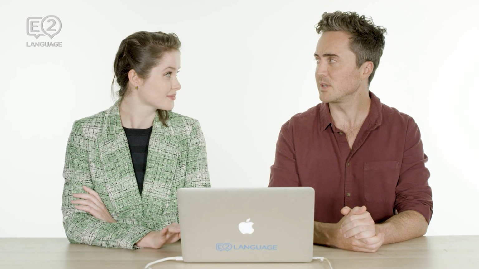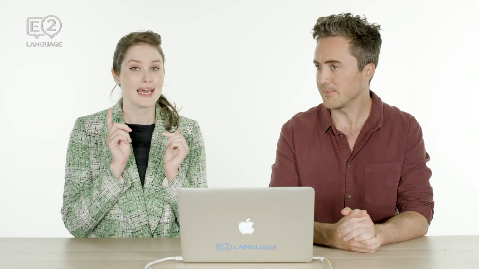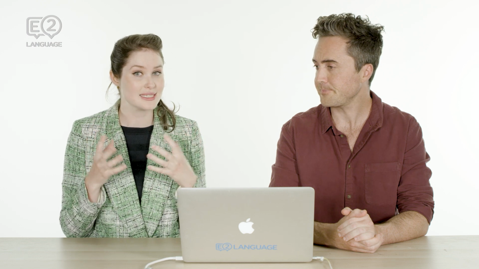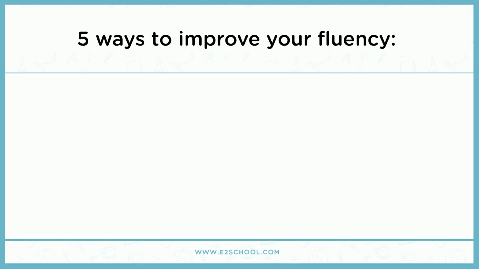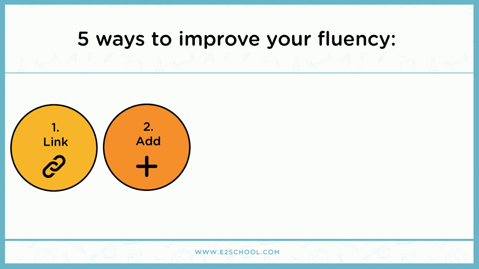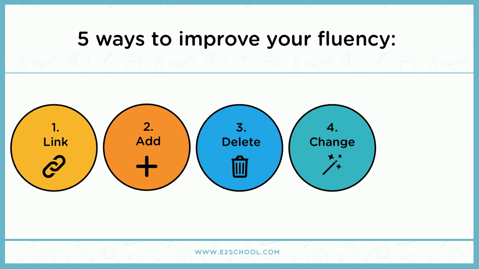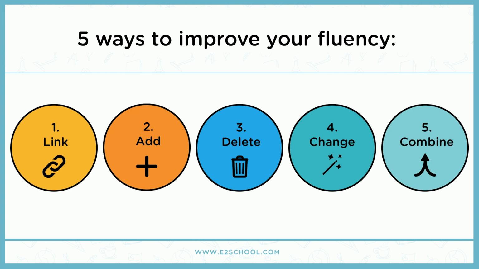Wait, what is fluency? What does this mean? Well, fluency is how we join sounds together when we speak. In fact, it's one of the key things to sounding natural when you talk. This is important. So the first way, and one of the most common ways that we sound more fluent, is by linking sounds. We also add sounds, we delete sounds, we change them, and we combine them.